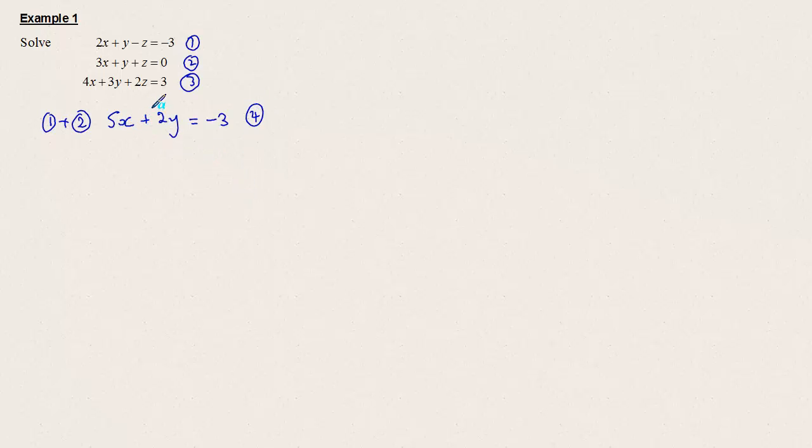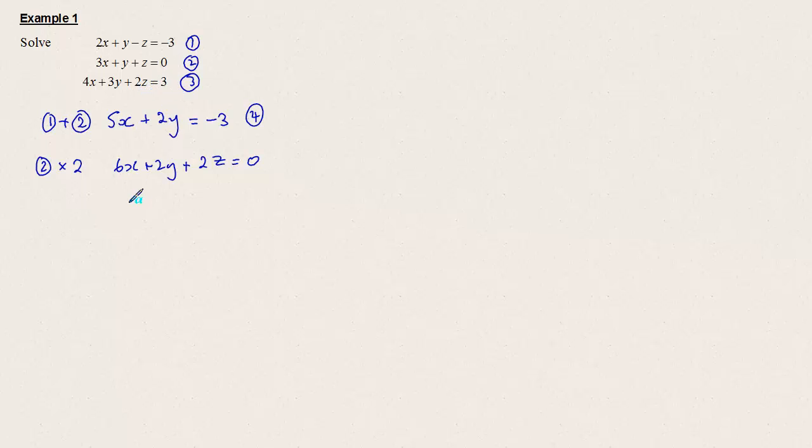Now I need to get rid of z between two other equations. So if I do equation 2 and multiply it by 2, that gives me 6x plus 2y plus 2z is equal to 0.